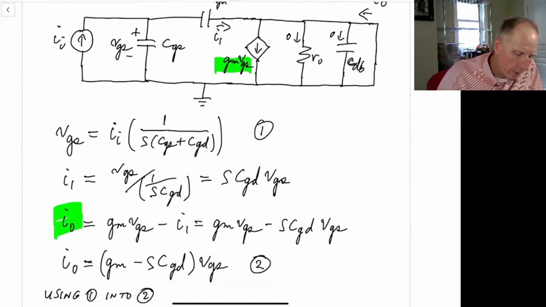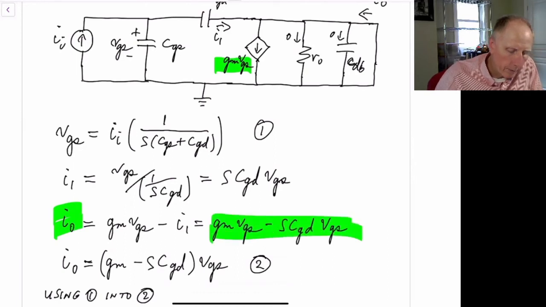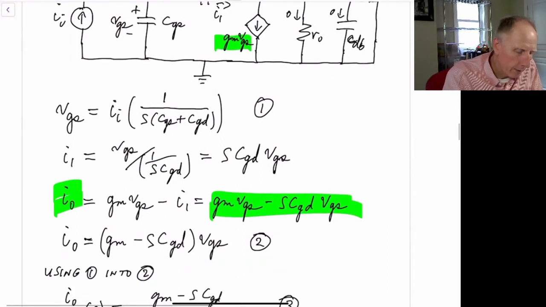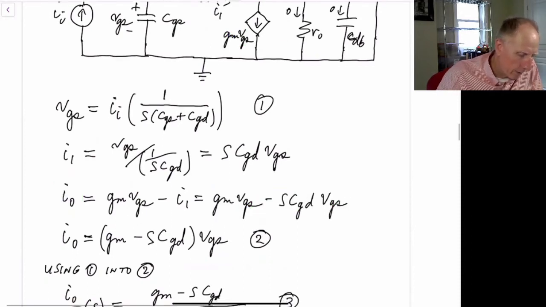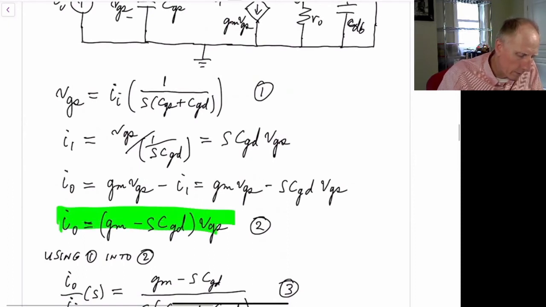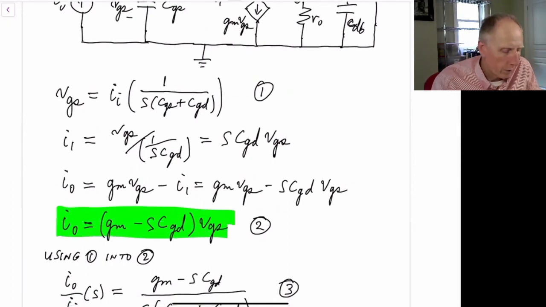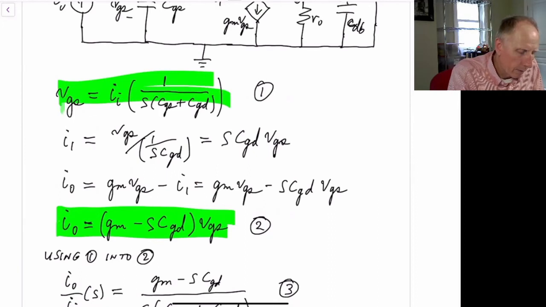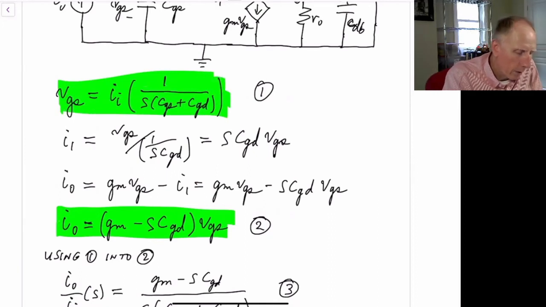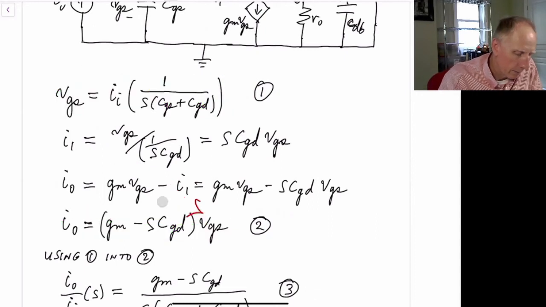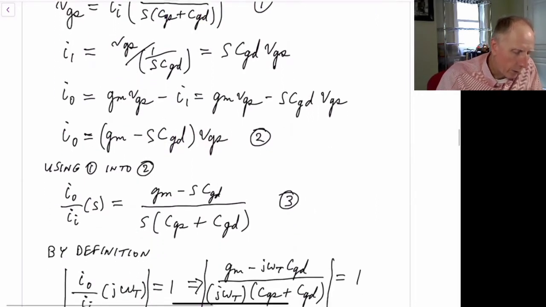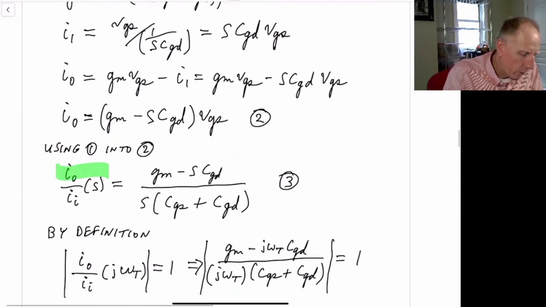We can factor out VGS, and we have our second equation here. So we have two equations, 1 and 2. We can now take the VGS and substitute that into here in order to get I out divided by I sub I. If we go through that, we end up with this equation here.